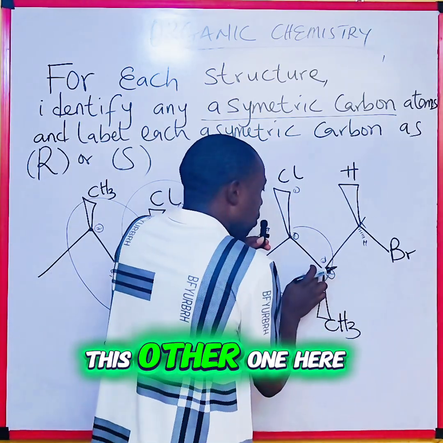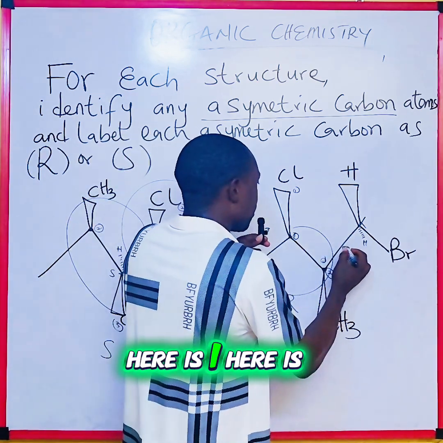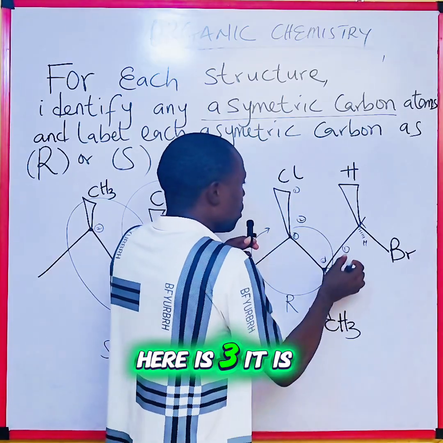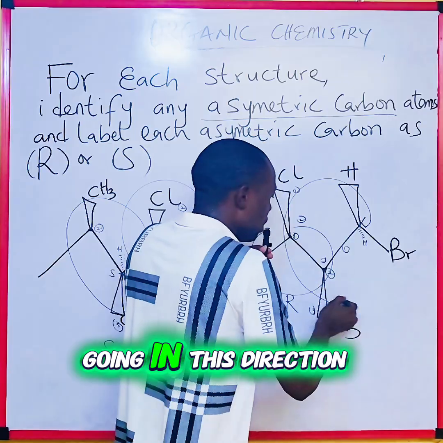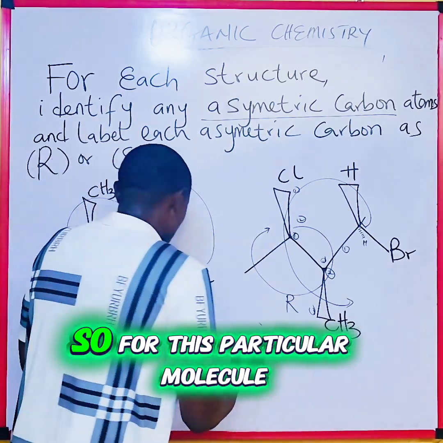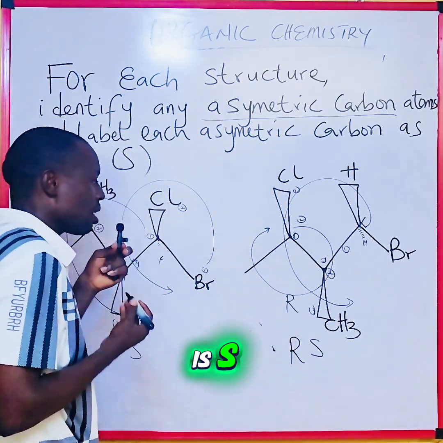We also move to the next carbon here. Here is 1, here is 2, here is 3. So it is going in this direction, which is S. So for this particular molecule, here is R and here is S.